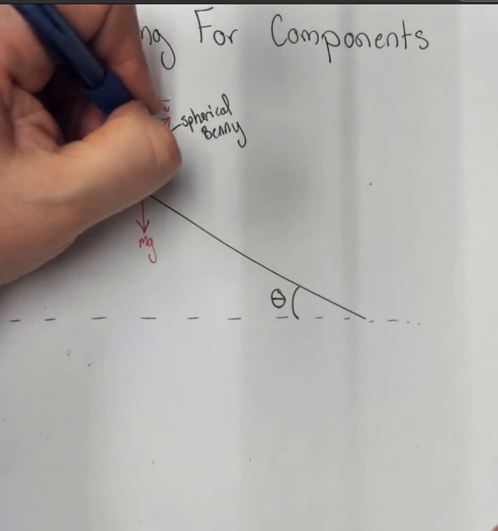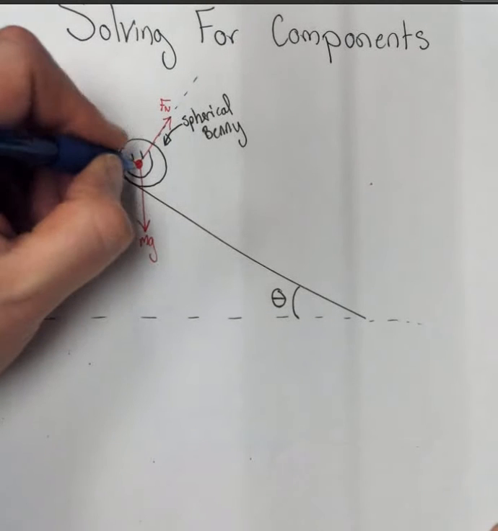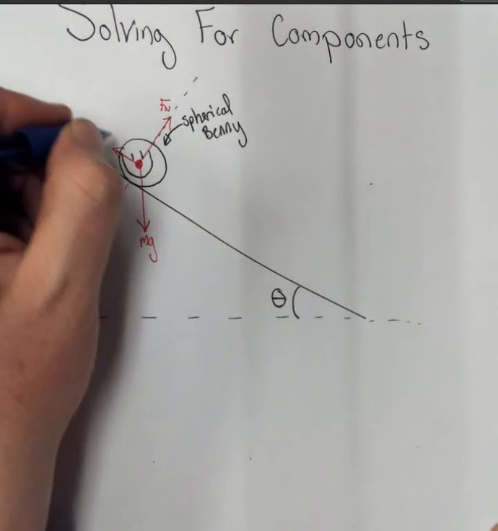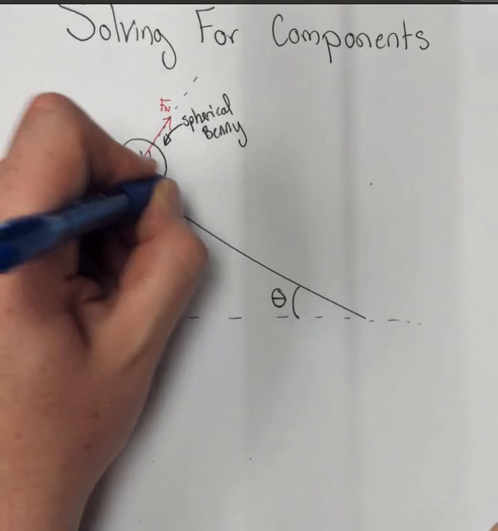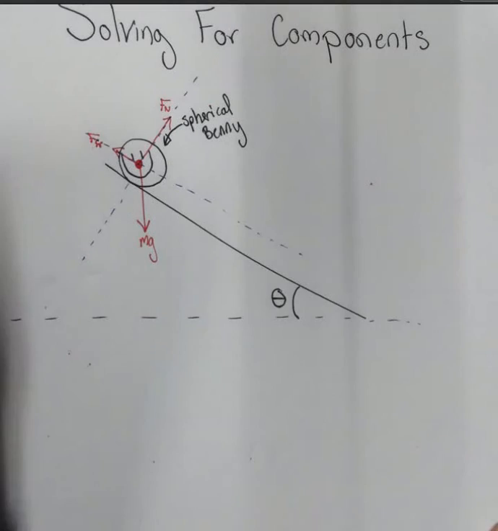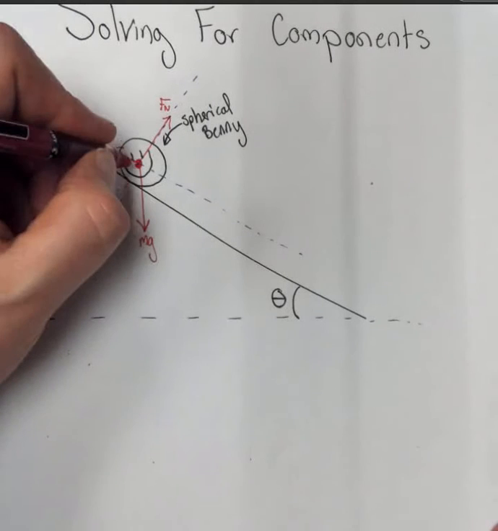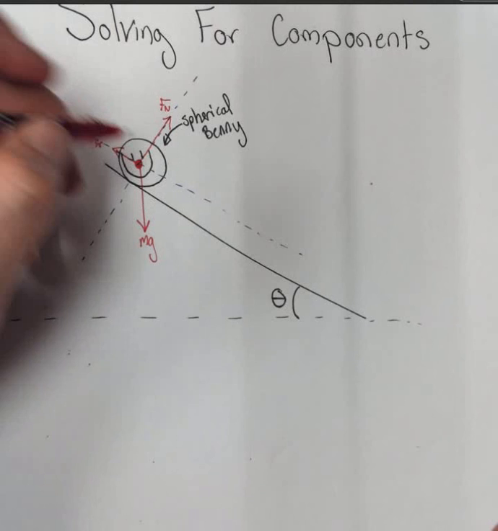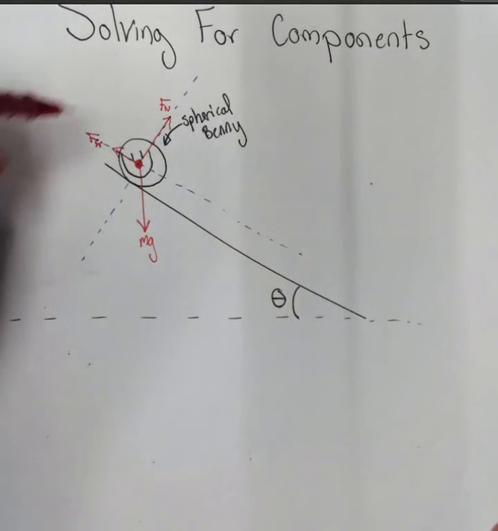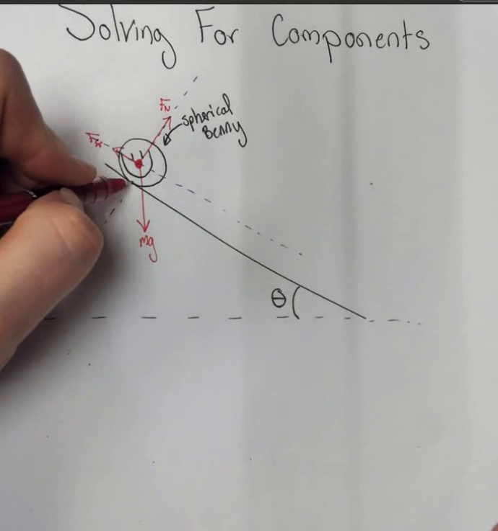When we set our axis up so that the x-axis is parallel to the surface, we know that we've got components that we have to deal with. And so I asked that question before, which angle do you want to use?